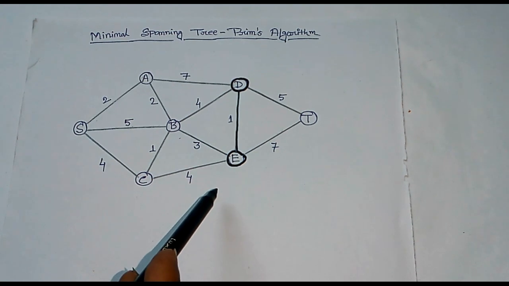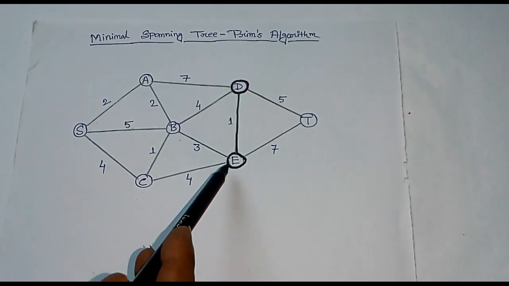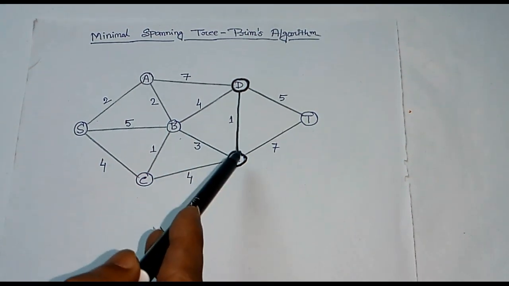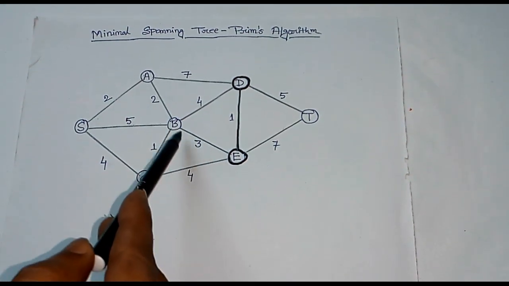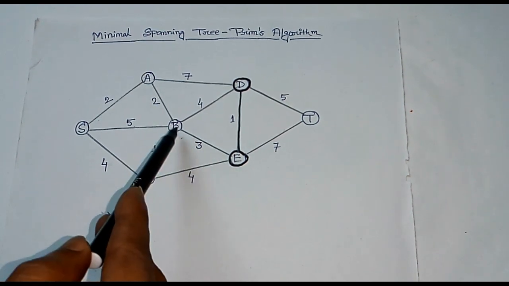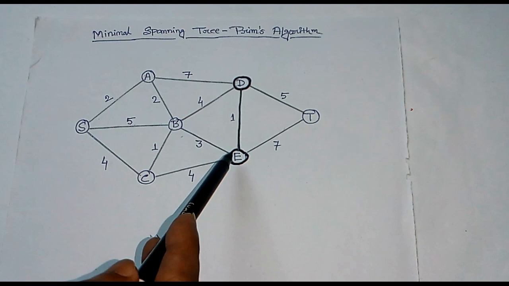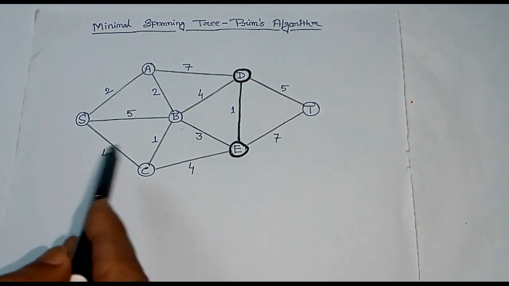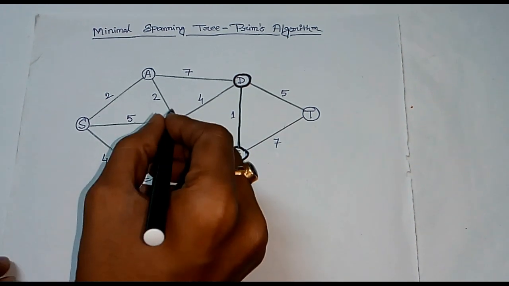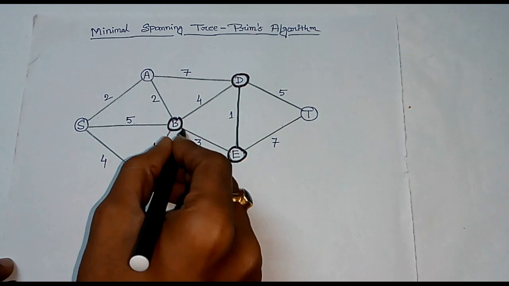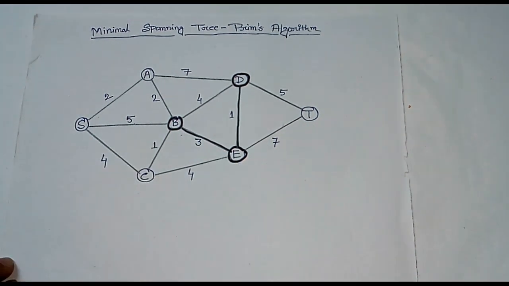And again we consider the distances of the vertices from this E, obviously excluding D, and here we see that the vertex B is nearest to E because the length of the edge BE is 3, and this is the minimum among these 3 edges ET, EB and EC. So we select this vertex B and we add this edge.